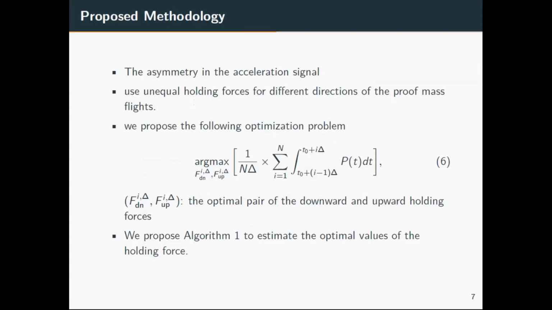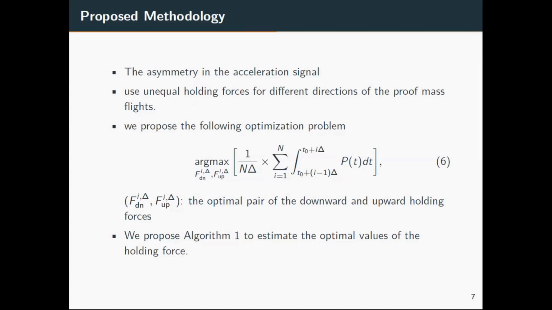So the optimization problem here is summarized in this equation. We want to find two values for electrostatic force. One for the direction going from lower plate to the upper plate, and one from upper plate to lower plate.